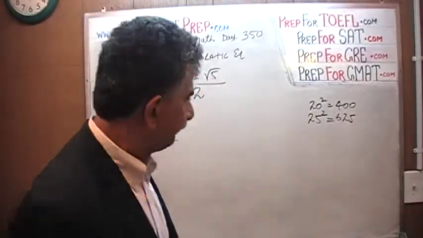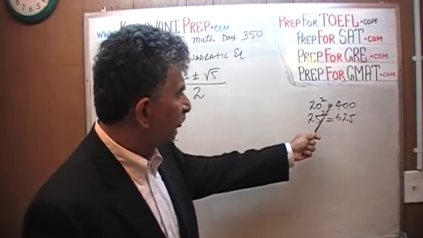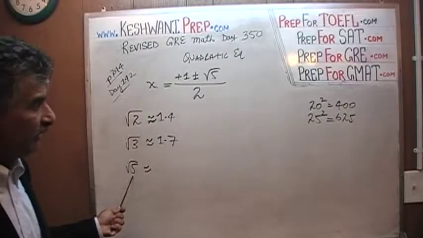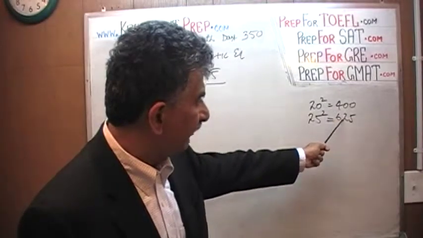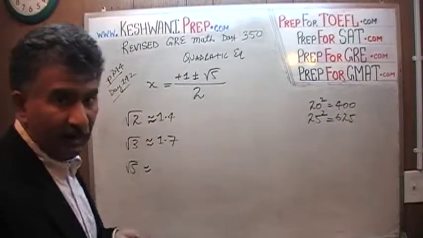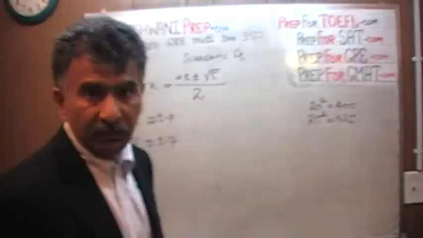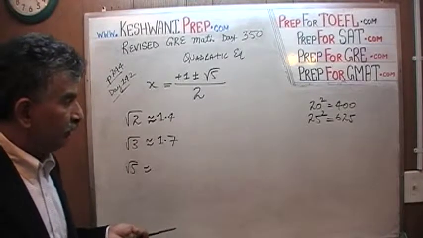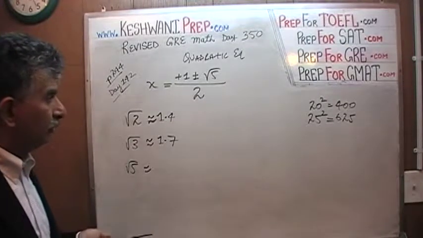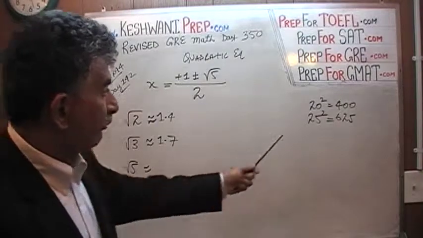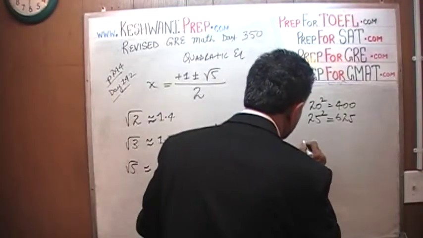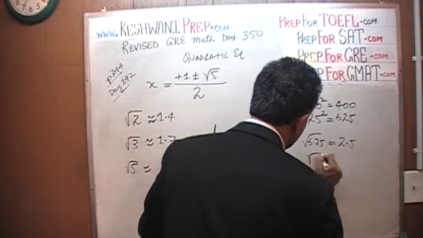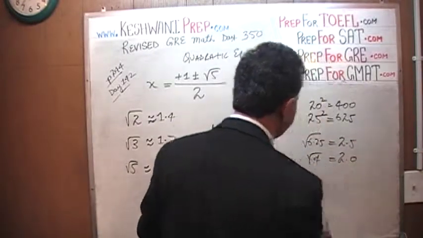Listen to me very carefully. We also know that 20 squared is 400. We're looking for 500. Now 500 is somewhere between 400 and 625, which means square root of 5 is between 2 and 2.5, because the square root of 4 is 2 and the square root of 6.25 is 2.5.